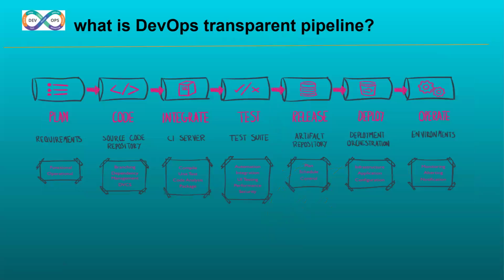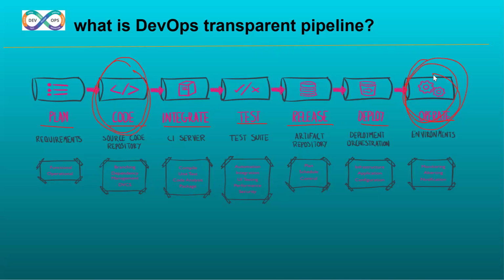But the actual DevOps transparent pipeline is this. In this DevOps transparent pipeline, we have plan, coding, integration, testing, release, deploy, operations. Our roles and responsibilities start from the dev environment and end with operation.